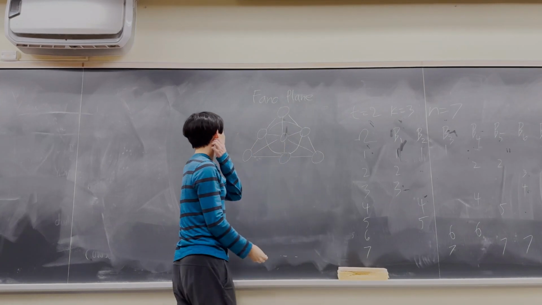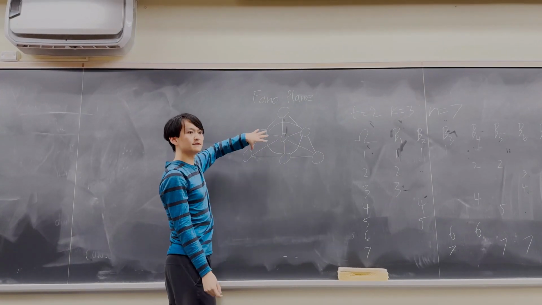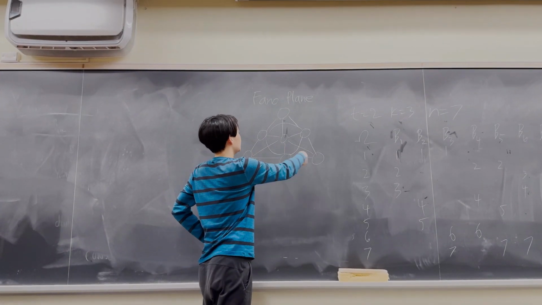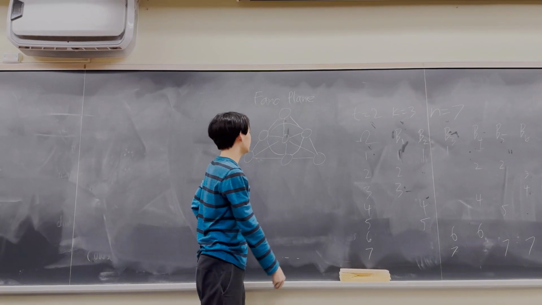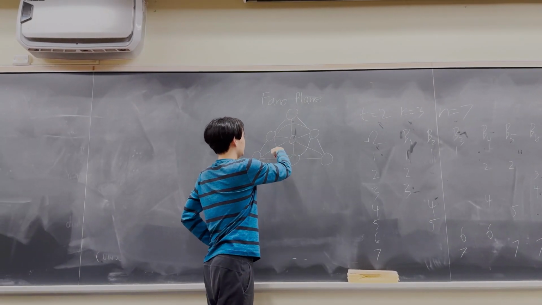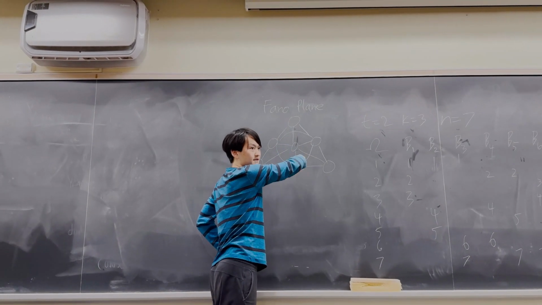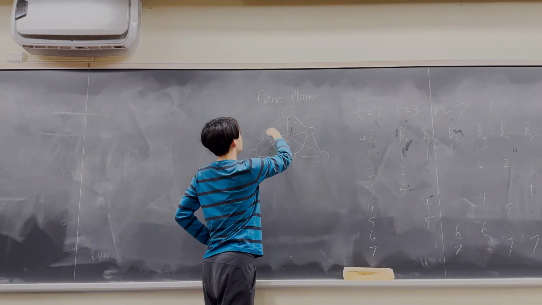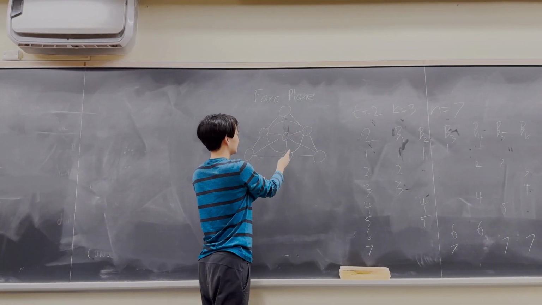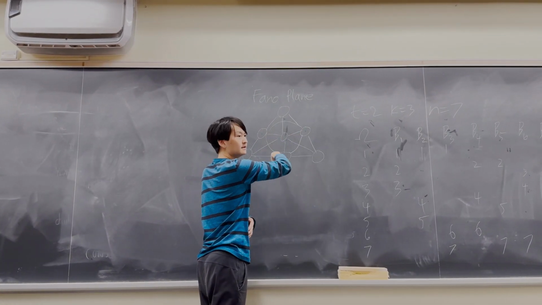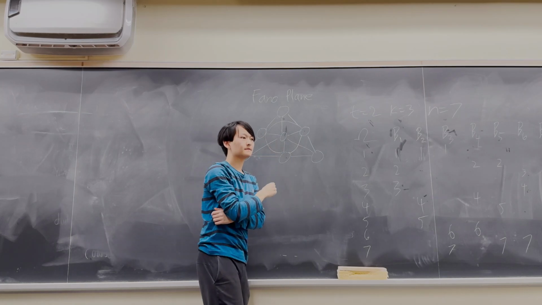Like that, okay? So we have 7 circles, and the edges are connected by an equilateral triangle. The middle one is connected to every single other one, and these 3 circles in the midpoints of each line, they're connected by a circle.